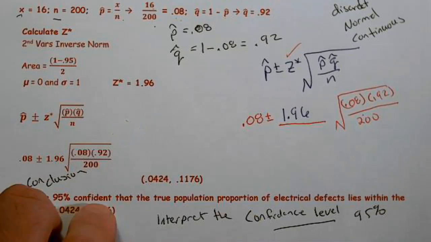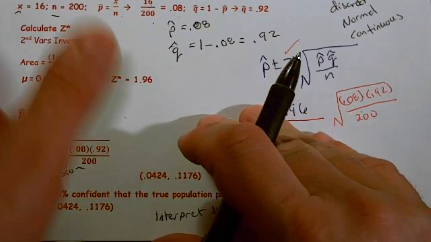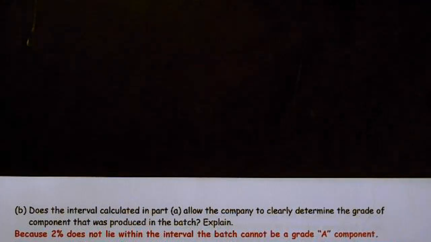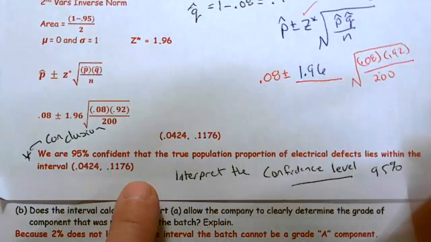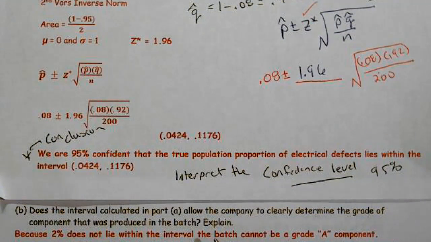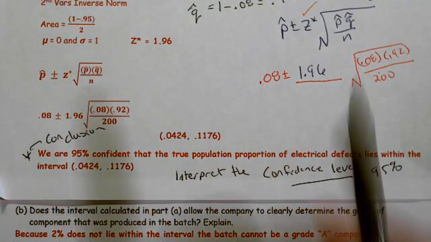Then there was a part B. All right. And part B asked, based on the interval, does the interval calculated in part A, and our interval was 0.0424 to 0.1176, allow the company to clearly determine the grade of component that was produced in the batch?